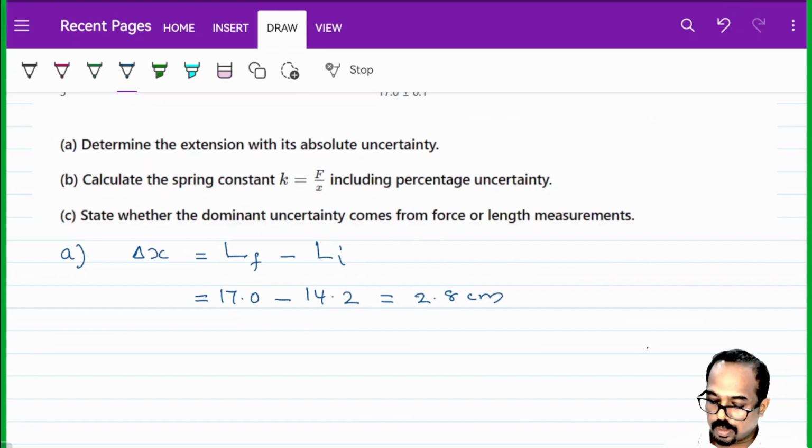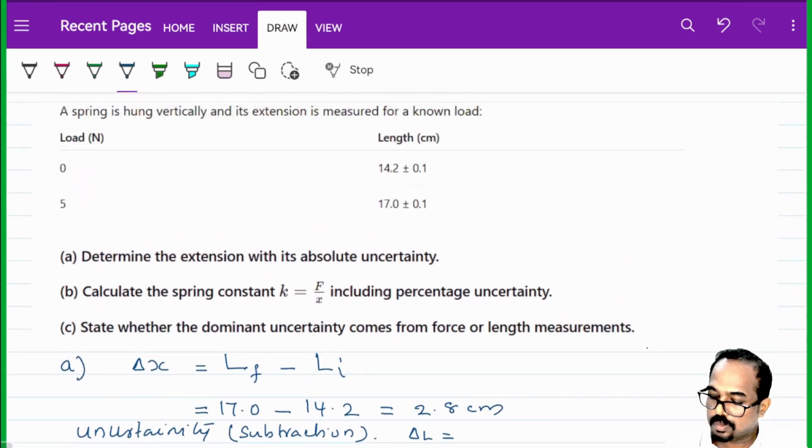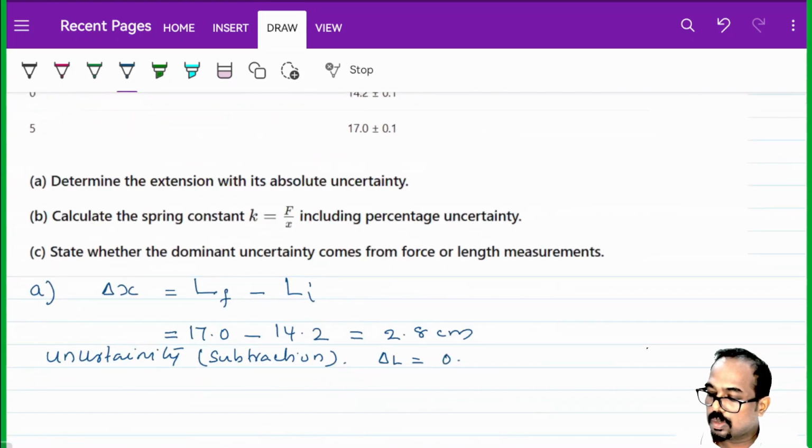So uncertainty, what is the operation? Subtraction, right? Subtraction means you need to add the absolute uncertainty in both the measurements, right? So delta L is equal to uncertainty in measuring the change in length, 0.1 plus 0.1, which is equal to 0.2.